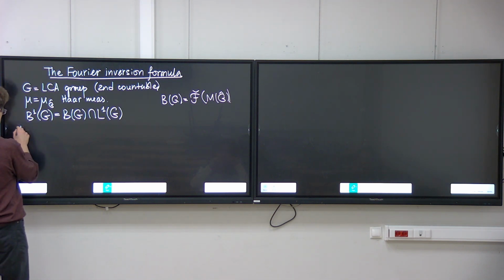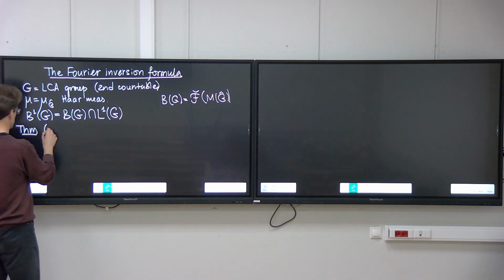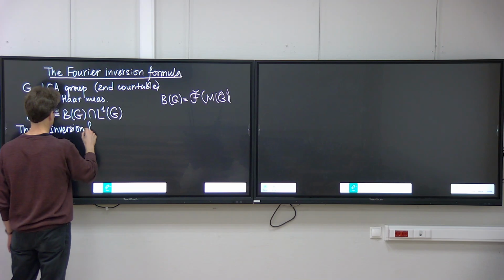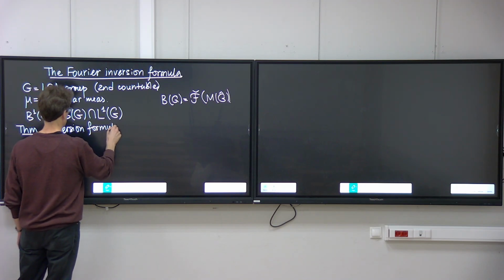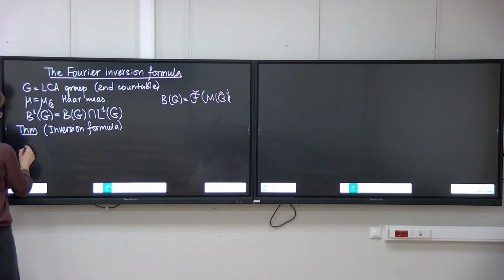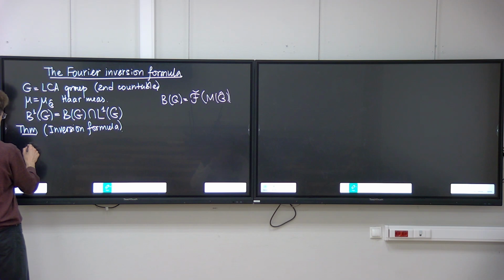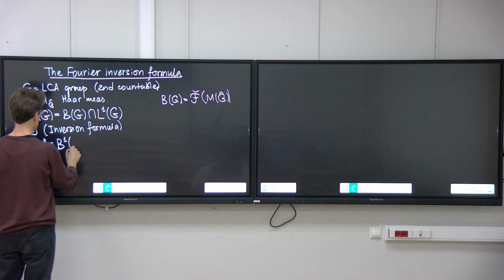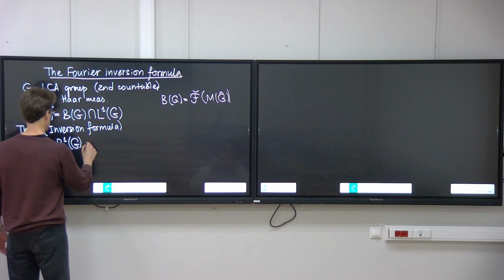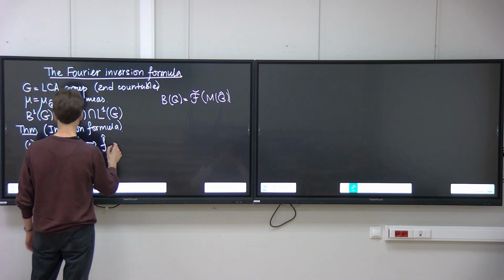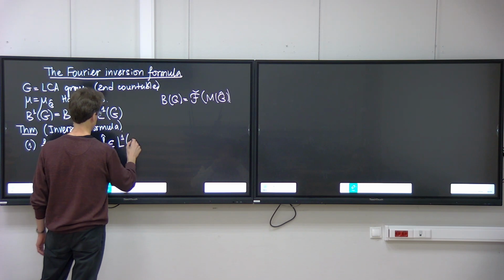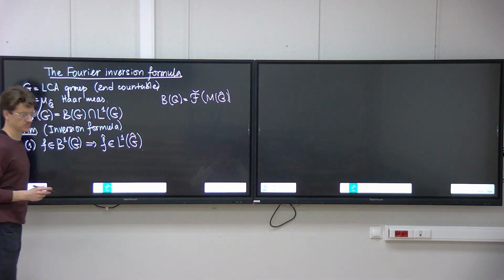And then we have the following result for the inversion formula. First of all, if f sits in B1 of G, then the Fourier transform of f is integrable, so it sits in L1 of the dual group.